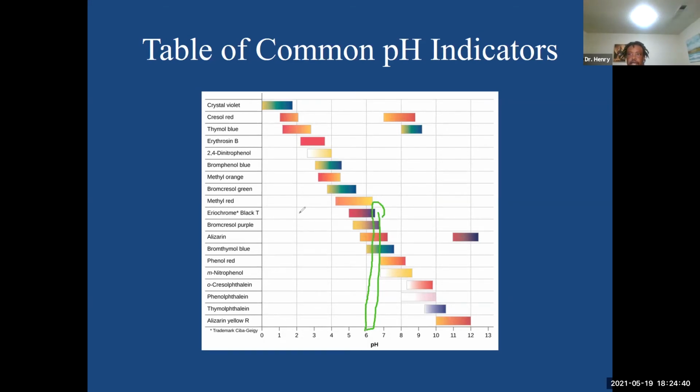You'd be hitting the tail end of the erythrochrome black tea. So bromocresol purple would work, alizarin would work, and the bromothymol blue would work. Any of those three would be the ideal ones for that. Simple.